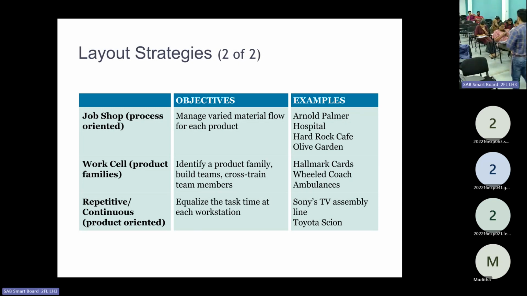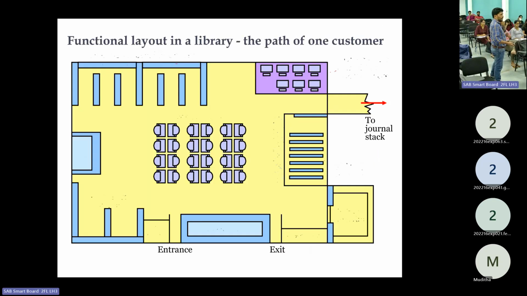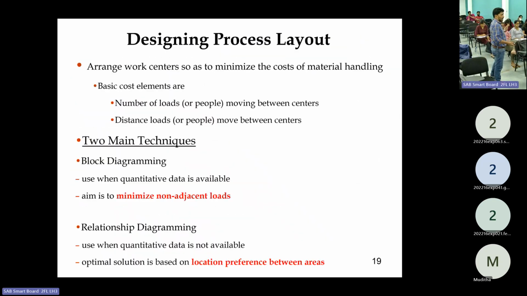Flexibility that we need to have, being able to produce different products and cater to different customers. But when we do so, we have to arrange the layout in such a way that material handling cost can be minimized. So that's the main purpose.